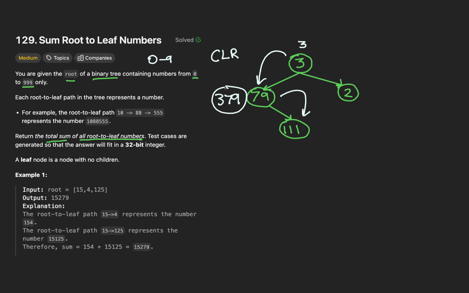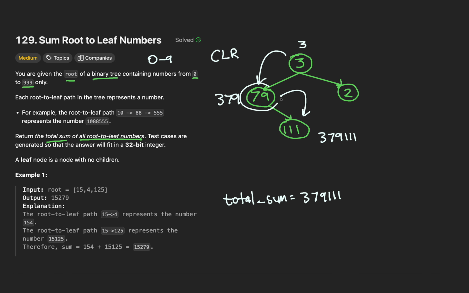You add the current sum to the current node's value, and you get that built number. We realize we're on a leaf node, so we'll add that number to the same variable, total sum, to get so far a sum of 379,111. Great, it was a leaf node, so we backtrack.